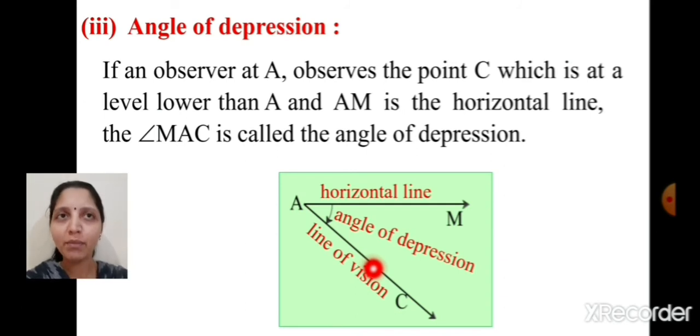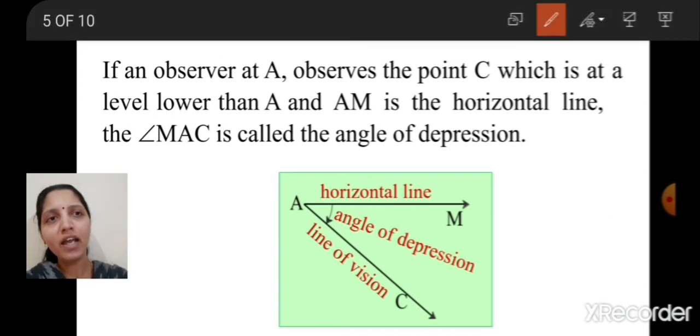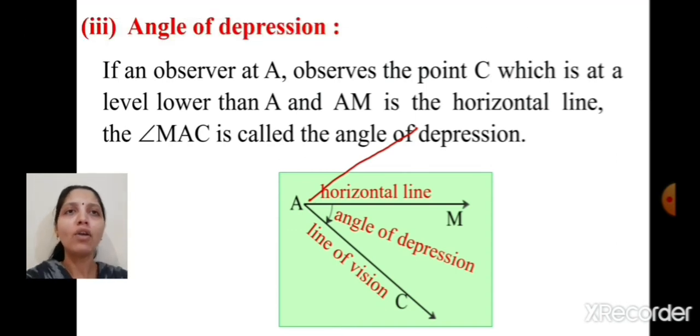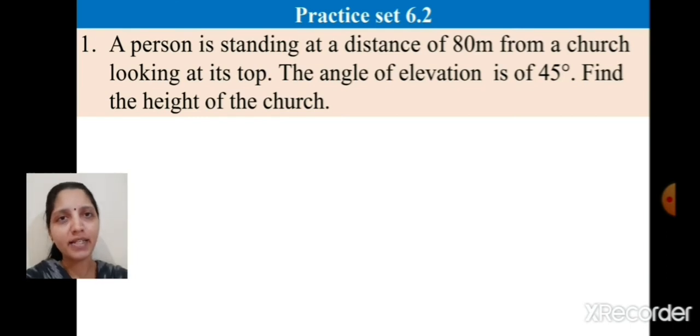So always remember, whenever you have an angle of elevation, the line of vision will be on the upper side of the horizontal line, and whenever an angle of depression is formed, the line of vision will be on the lower side of the horizontal line. So these are the important points you should remember. Now let's start with practice set 6.2.